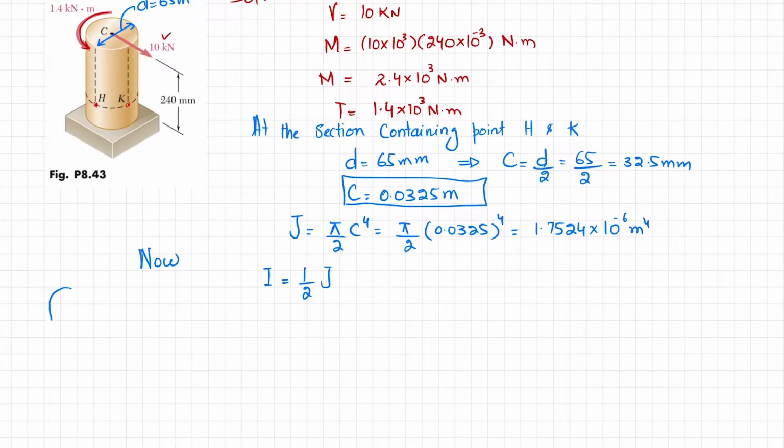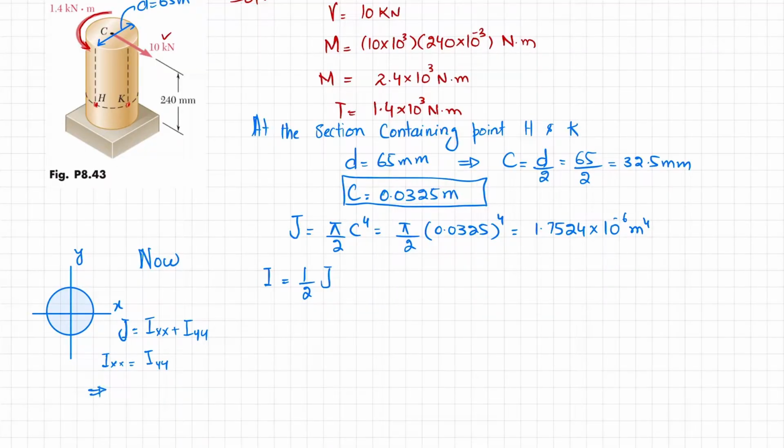As the shaft is circular, clear, let this be the x-axis and this the y-axis. We know that the polar moment of inertia J is equal to Ixx plus Iyy. Since the shaft is symmetrical, Ixx is equal to Iyy.